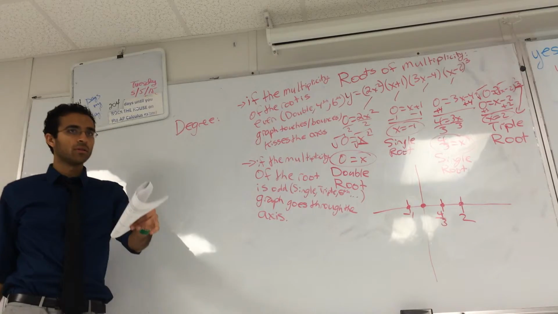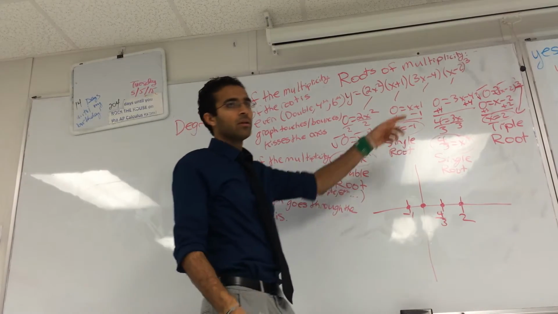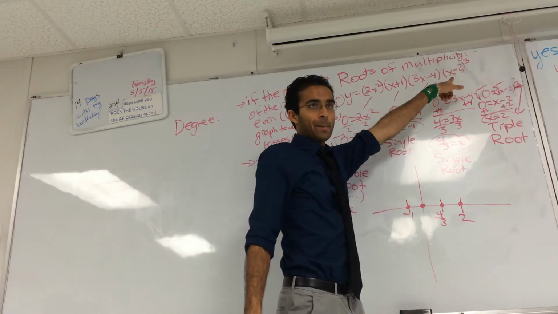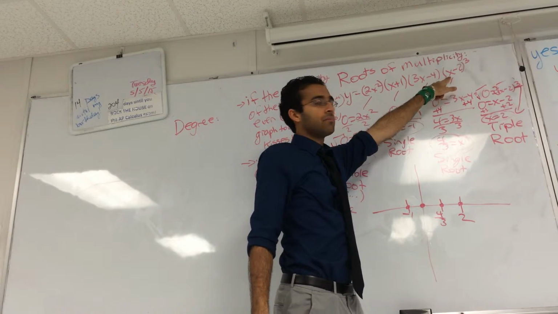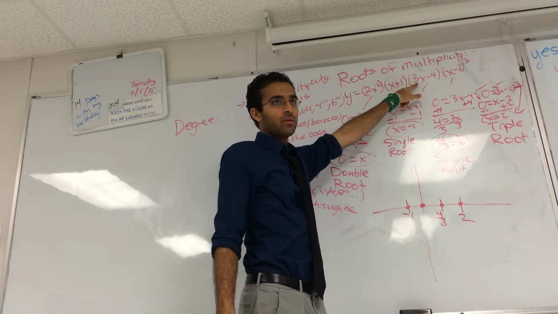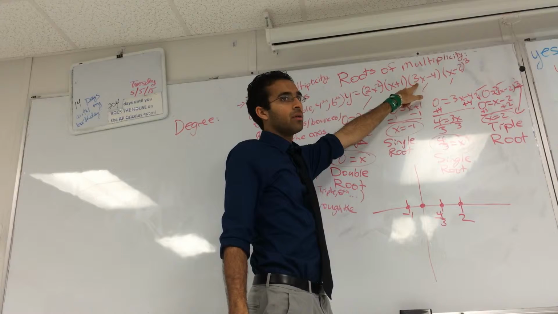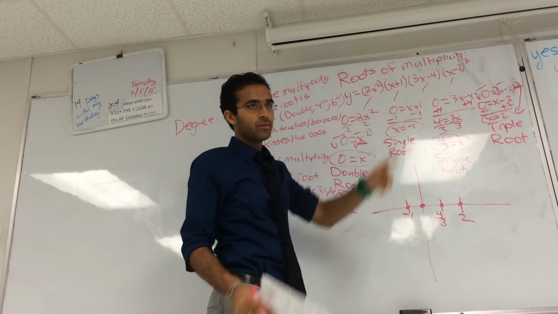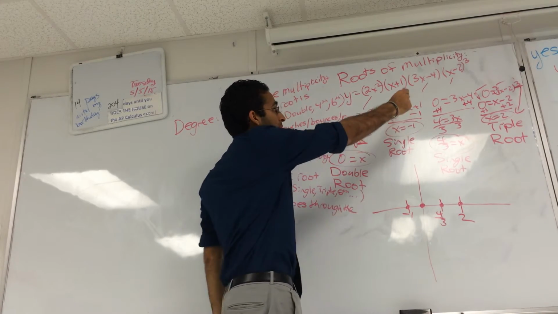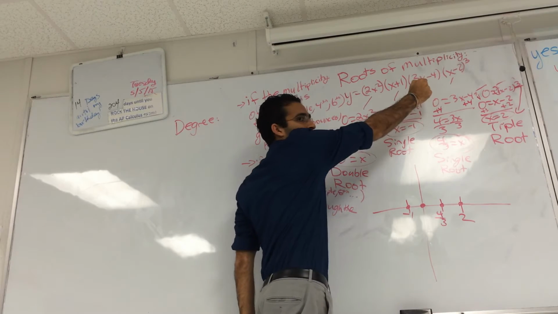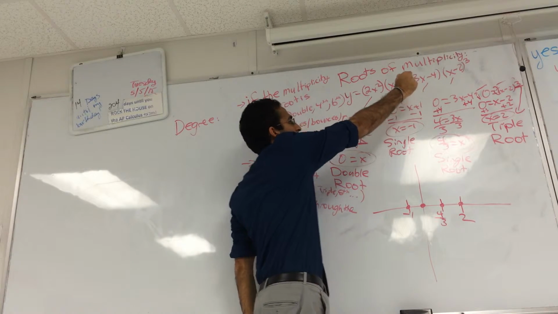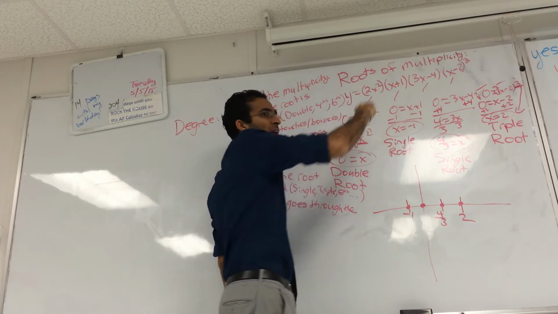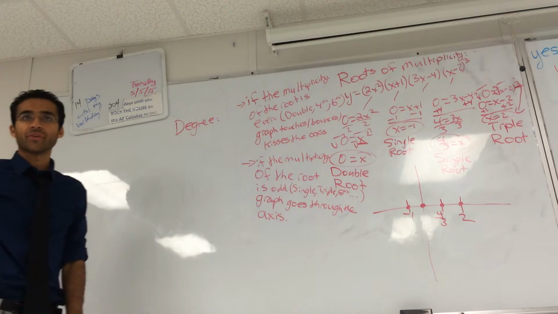Why 7? Because once you multiply the cube by x minus 2, it'll be x cubed times x, that's x to the 4th, plus another x is x to the 5th, plus 2 more is x to the 7th.